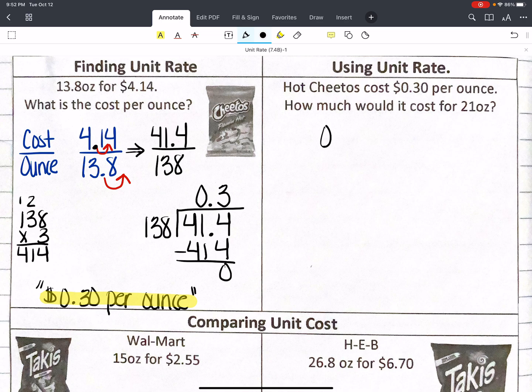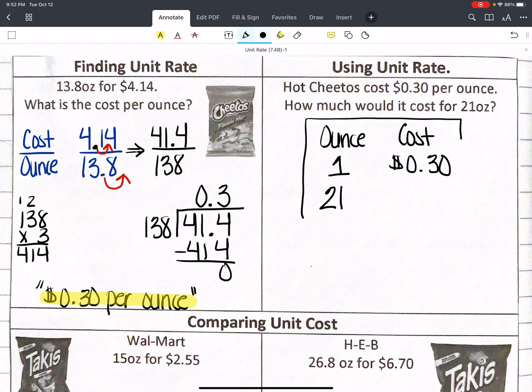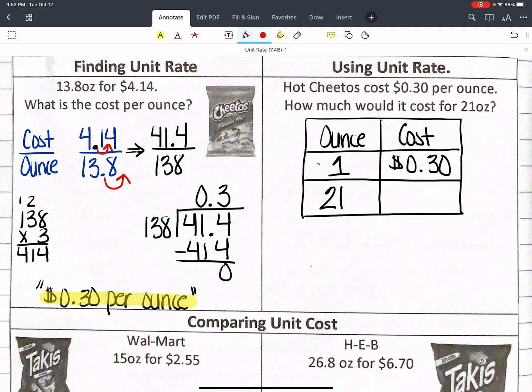One way of looking at it is by generating a table. 1 ounce costs 30 cents, but I'm looking for 21 ounces. So from here, how am I going to get from 1 to 21? Multiplying by 21, and what we do to one side, we do to the other.